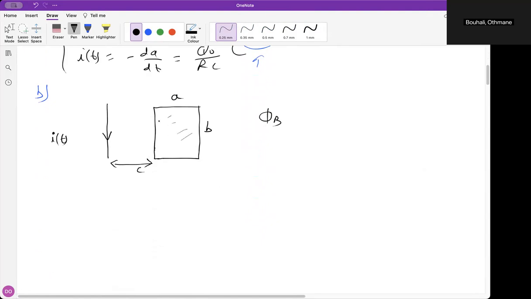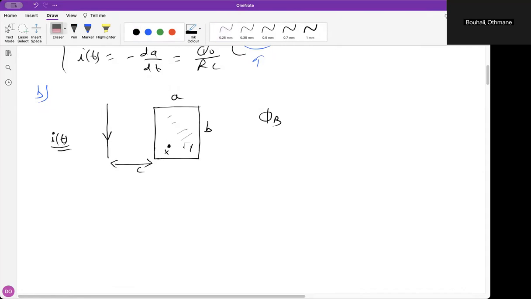Obviously we cannot apply the formula directly. Why? Because if you take a point here, the magnetic field created by this current at this point, which I will call X, is different than at point Y, because the distance is different. So this means that we have to go for integration.